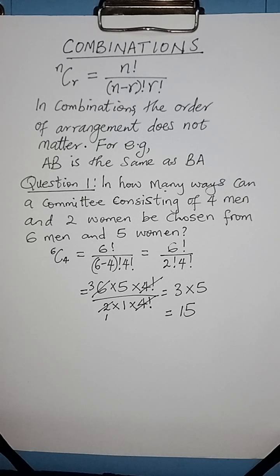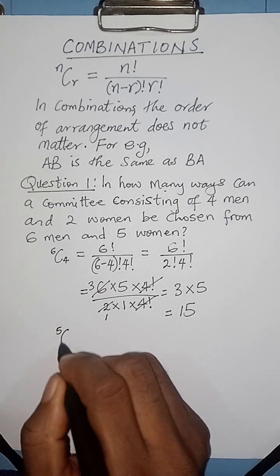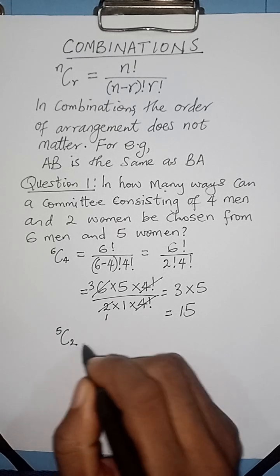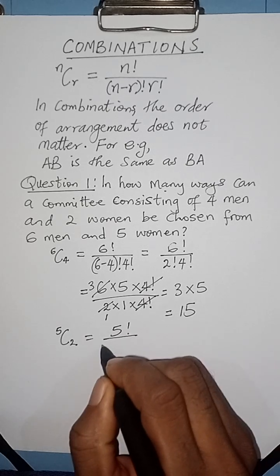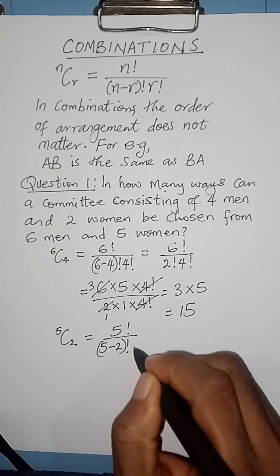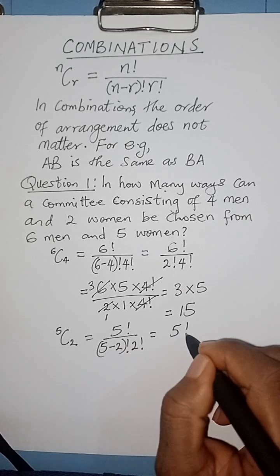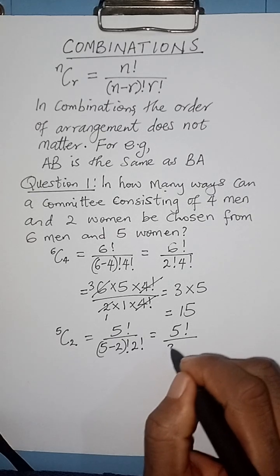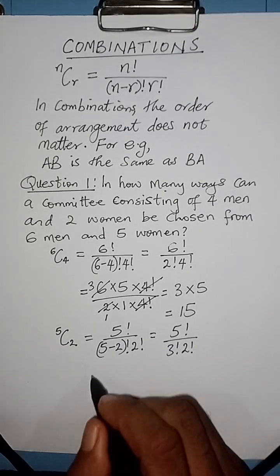Now we'll go to the next one, which is choosing 2 women from 5 women. It's going to be 5 combination 2, which gives me 5 factorial divided by (5 minus 2) factorial times 2 factorial. This will be 5 factorial, 3 factorial, 2 factorial. Now let's expand this.